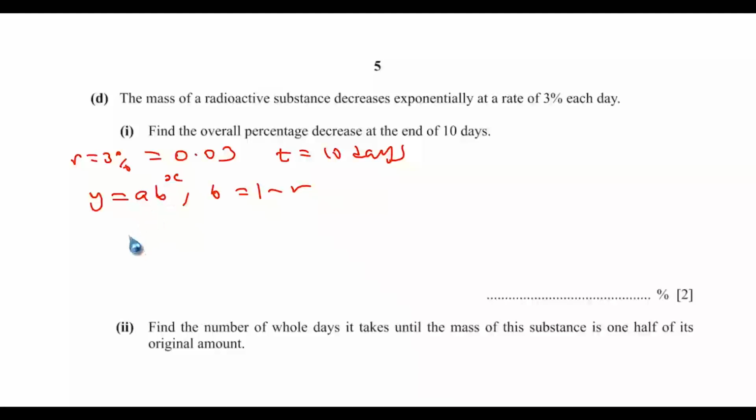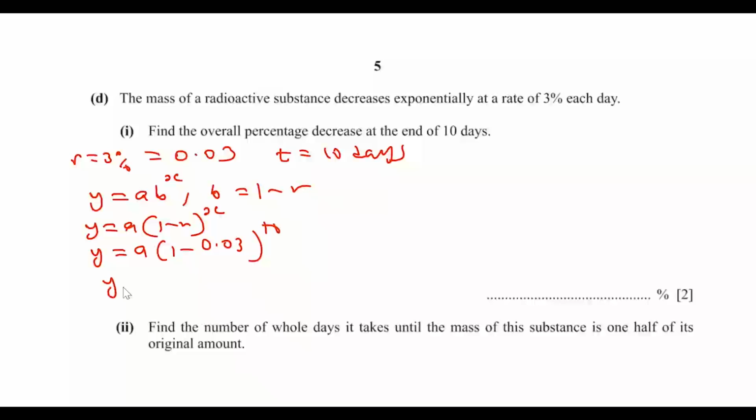Let's key in the values here. This will give us y equals a times (1 minus r), that's the value of b, to the power of x. Now let's key in the parameters. y equals a times (1 minus 0.03) to the power of 10.